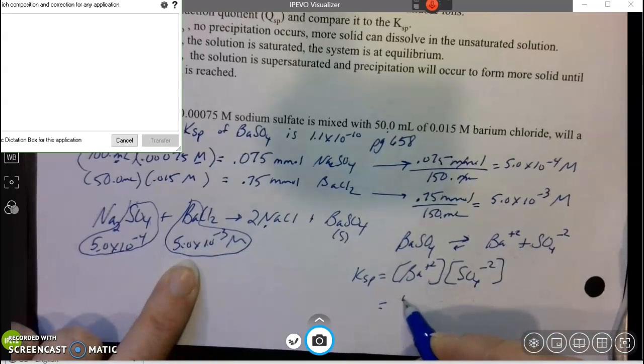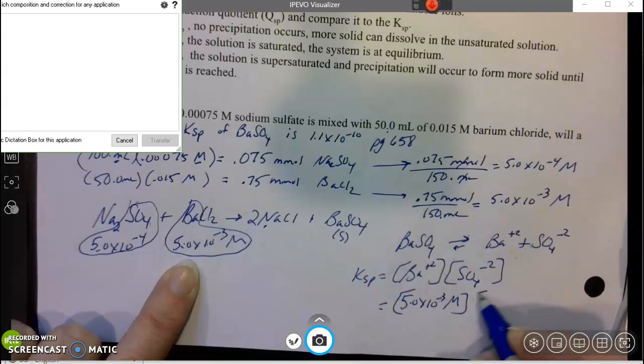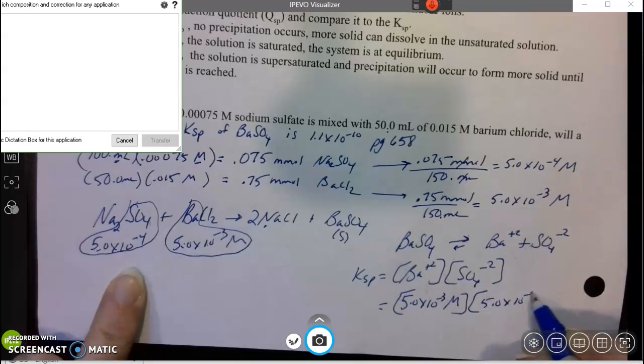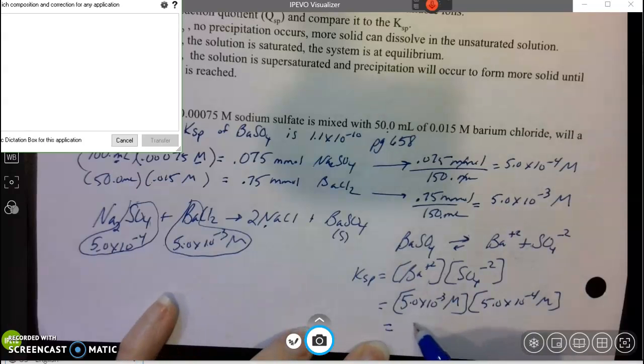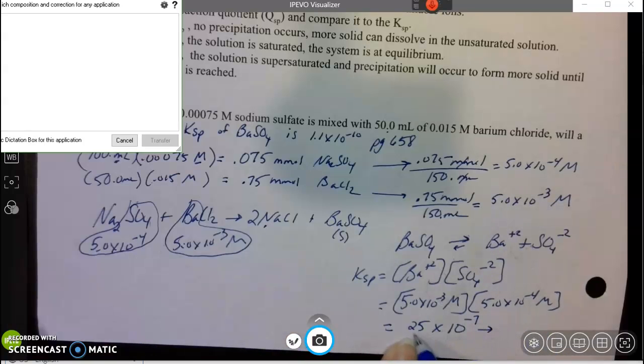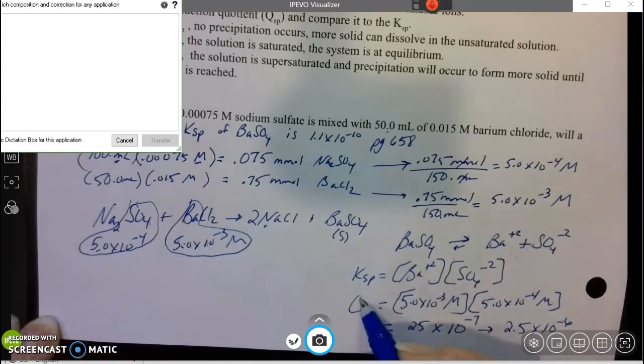And I'm going to use the 5.0 times 10 to the negative third molar and the 5.0 times 10 to the negative fourth molar. And this is going to give me, okay, I can do this without a calculator, 25 times 10, add my exponents, negative 7. So I need to make this smaller, so my exponent's going to go larger. So that's my Q value, sorry.